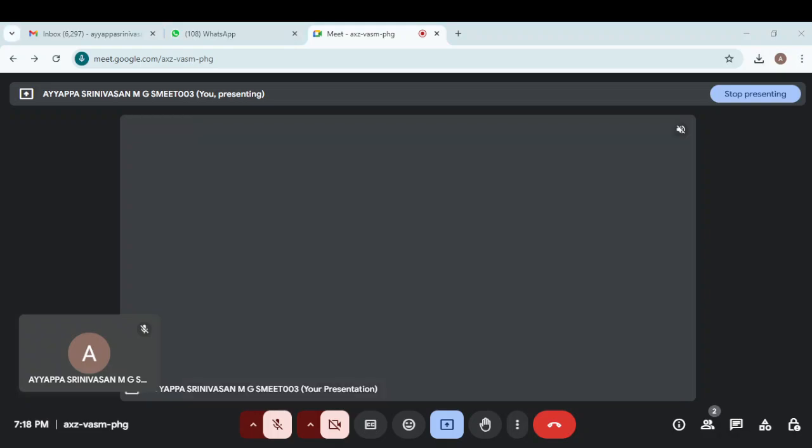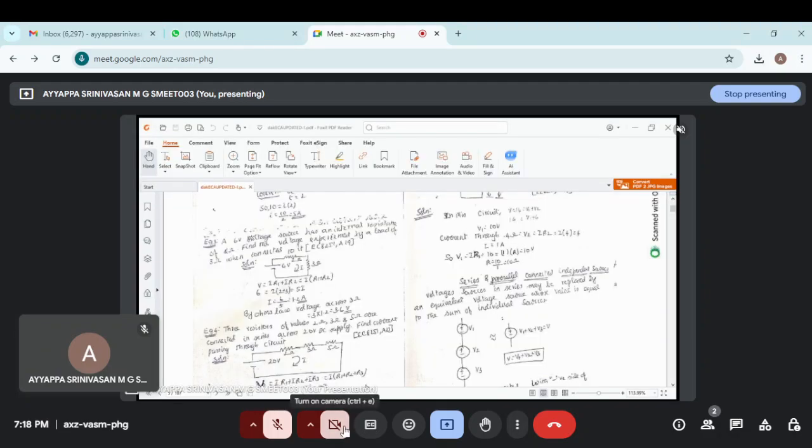Now let us also consider another problem using KVL. A 6 volt voltage source has an internal resistance of 2 ohm. Find the voltage experienced by a load of 3 ohm. That is, a 2 ohm resistance is already there in the voltage source and a 3 ohm resistance is connected to it.